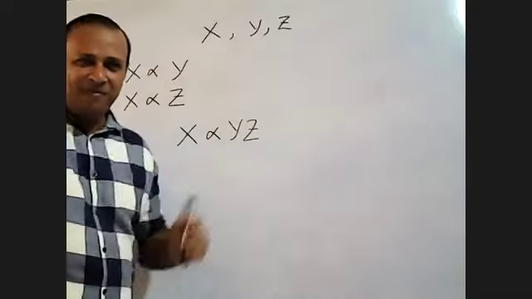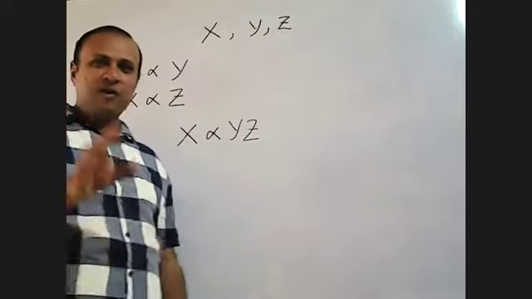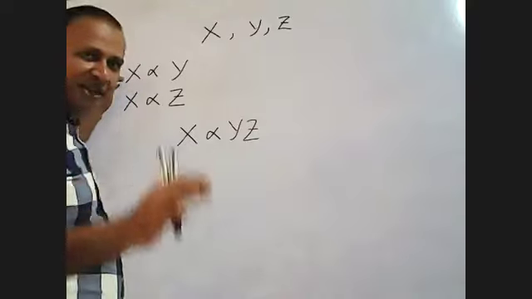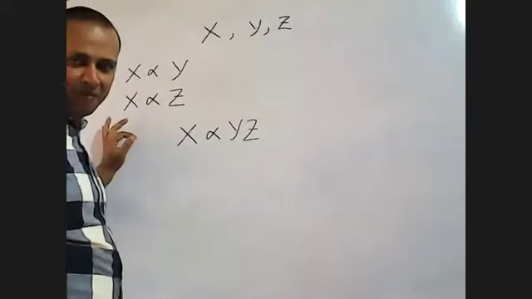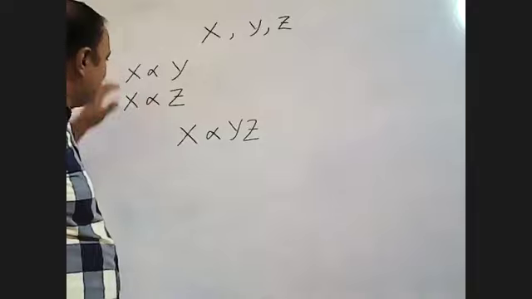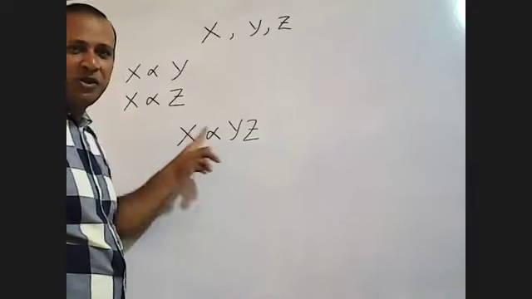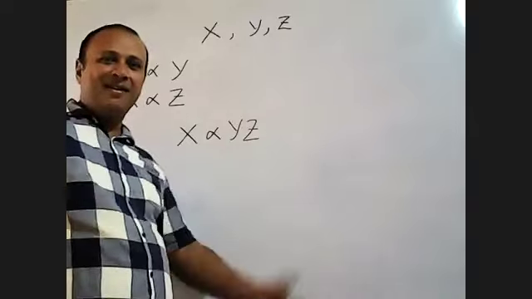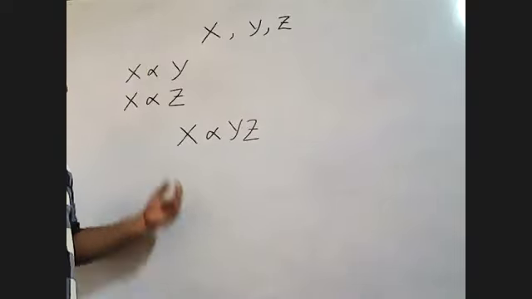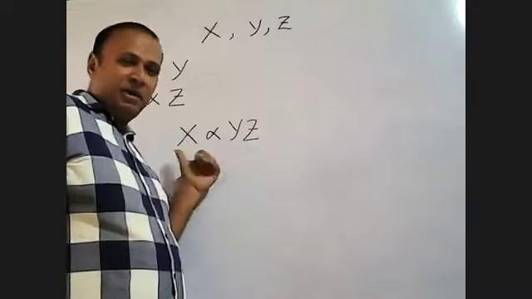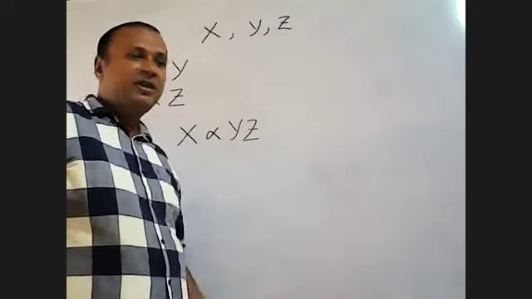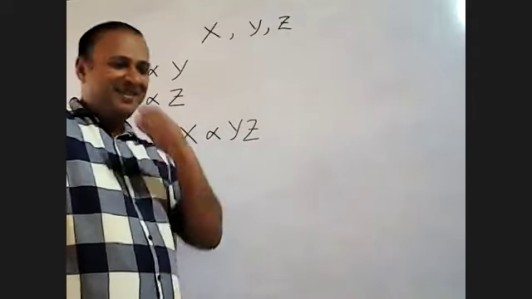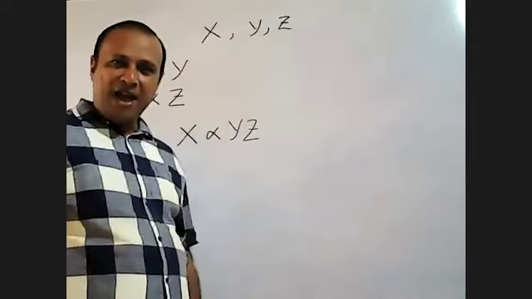So this is a rule. What is the rule? If any variable is directly proportional to two other variables separately, then that variable is directly proportional to the product of those two variables. You have to do that part.